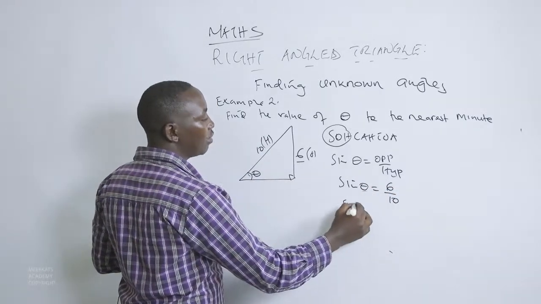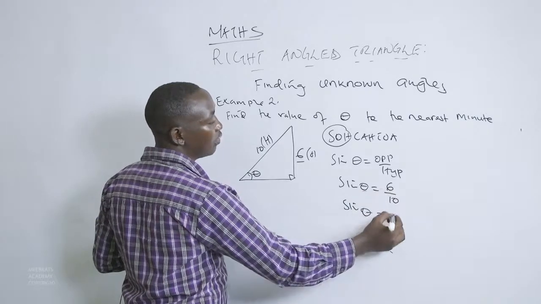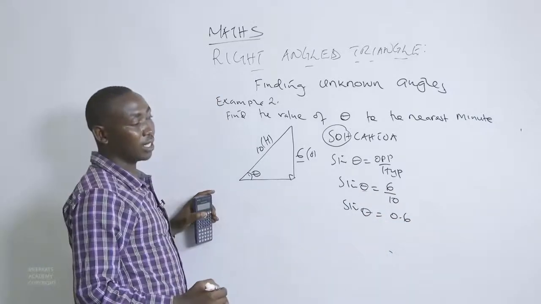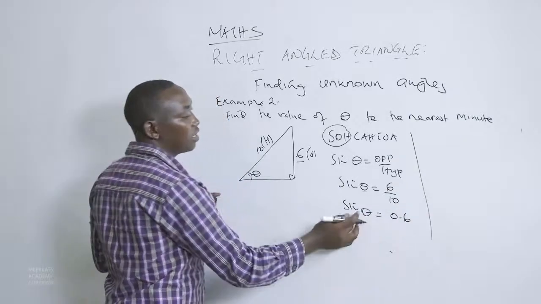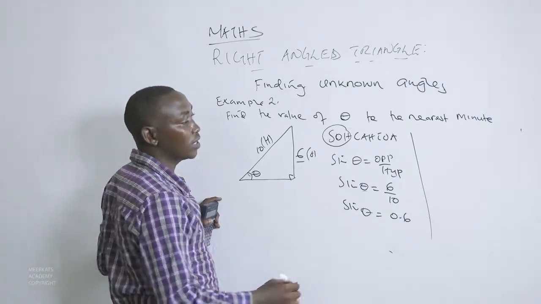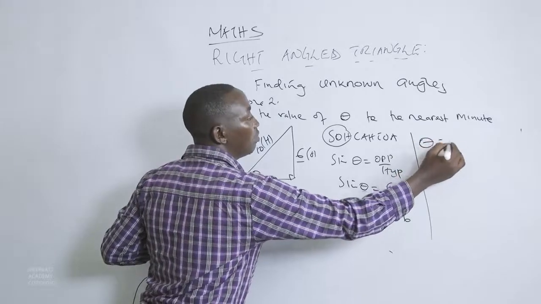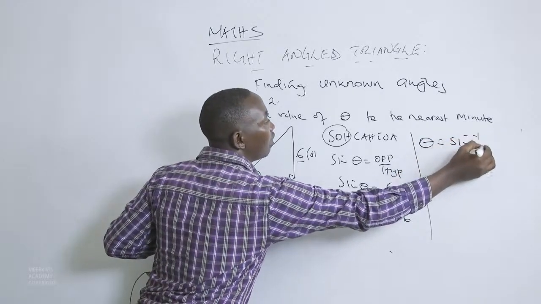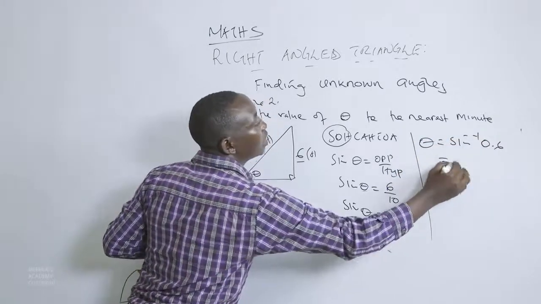So that means that sine of theta shall be equal to 6 over 10, which is 0.6. For us to get the value of theta, we need to get the sine inverse of 0.6, and therefore theta shall be given by the sine inverse of 0.6.